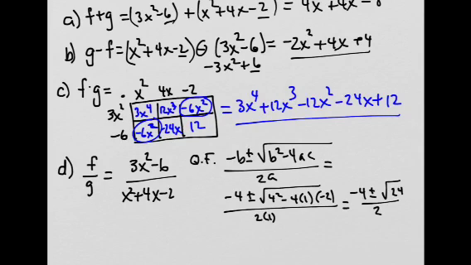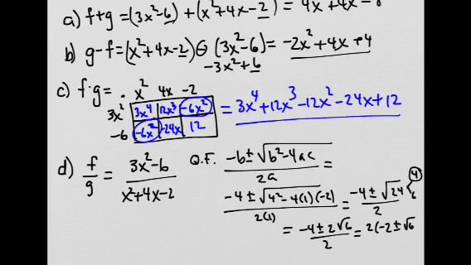And 24 is 4 times 6, right? So the 4 comes out as a 2. So I have negative 4 plus or minus 2 radical 6 over 2. I'm going to factor out a 2 from the numerator.